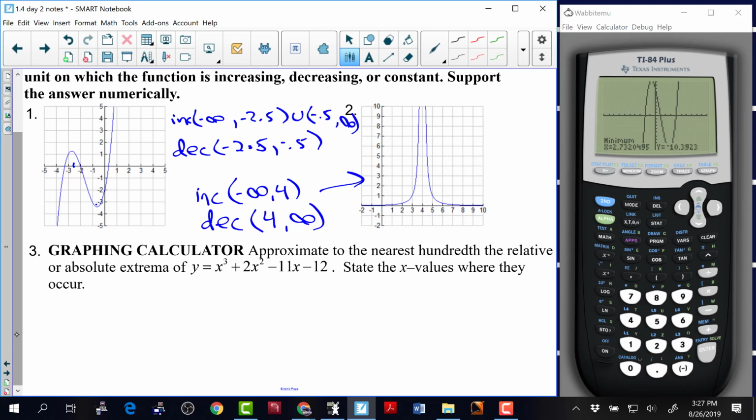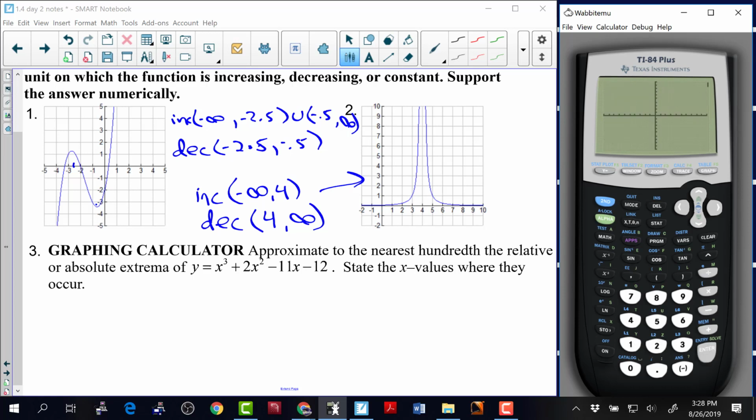State the x values where they occur. Y equals, we're going to clear this out, x to the third plus 2x squared. Well, let's try that again. X to the third plus 2x squared minus 11x minus 12.